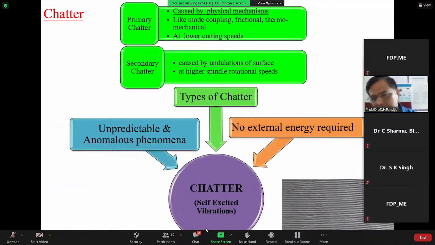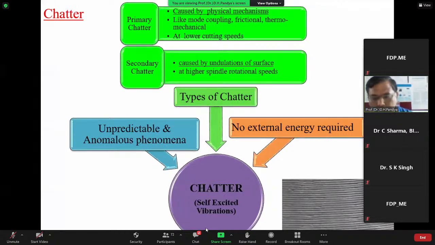Chatter is a self-excited vibration, of two kinds of categories. The secondary chatter is the area of interest of researchers. It is definitely an unpredictable and anomalous phenomenon, and there is no external energy required to cause the chatter.